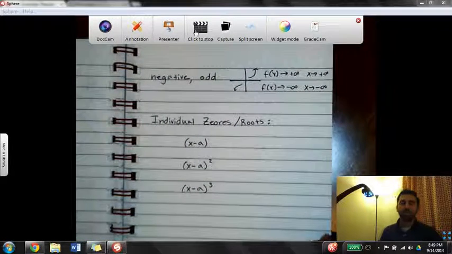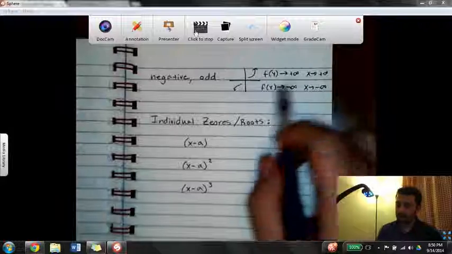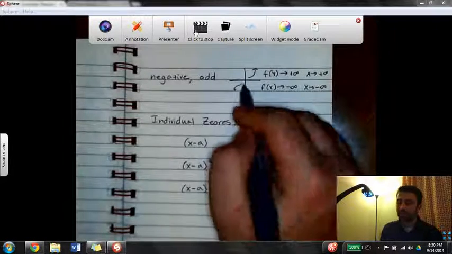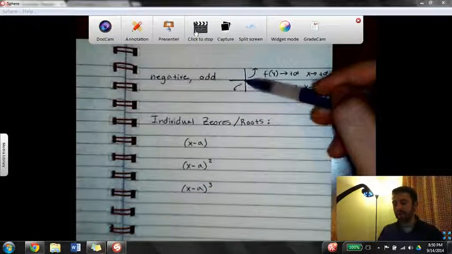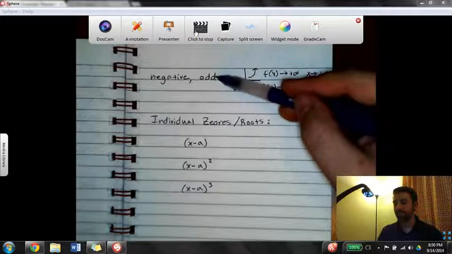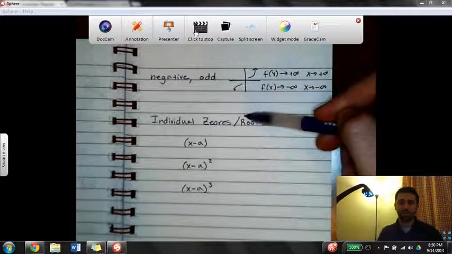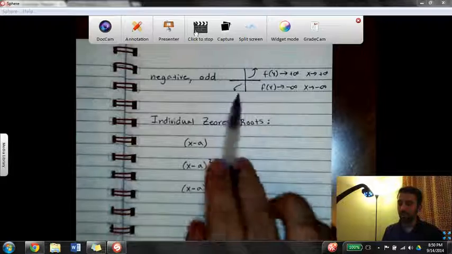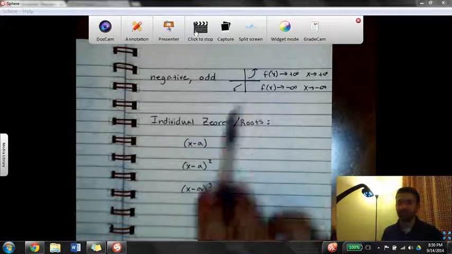When we're determining our end behavior, you don't have to memorize these rules. You just need to make sure you can look at the graph and see when our x values decrease, what's happening to our y values. And remember where negative and positive infinities are represented on both these axes.